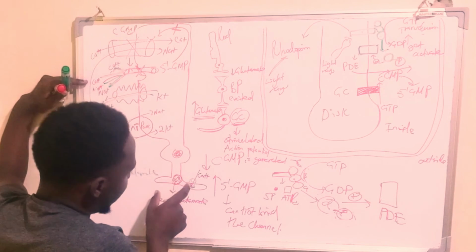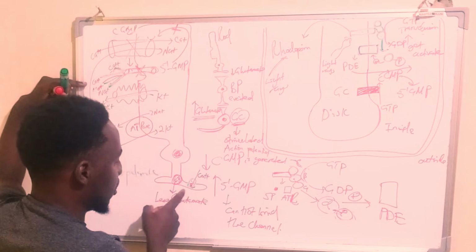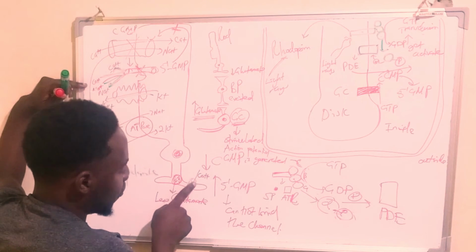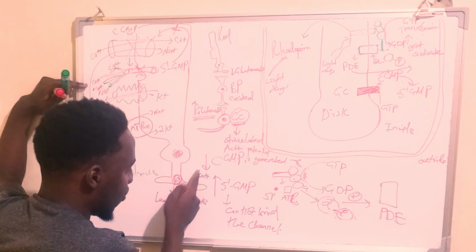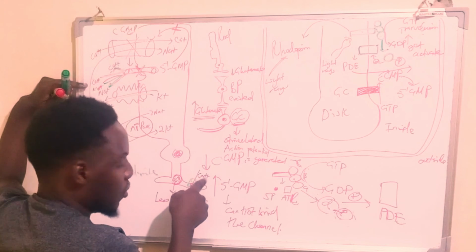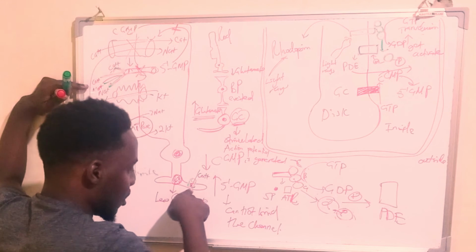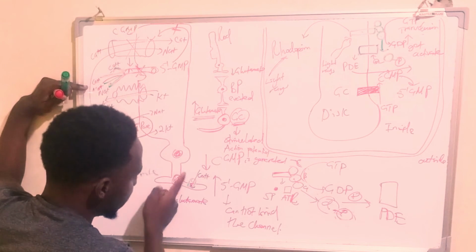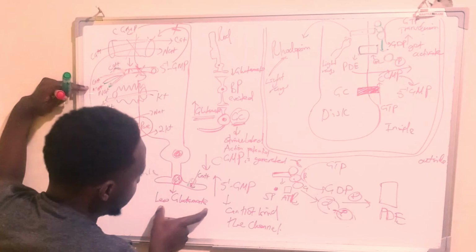Because it hyperpolarizes, there is no stimulus that can activate the voltage-gated calcium channels. Since less or no calcium enters the synaptic terminal, less or no glutamate is released here on this synapse.